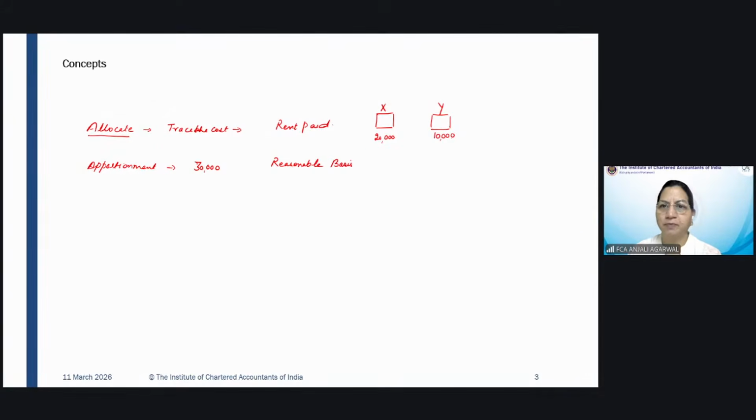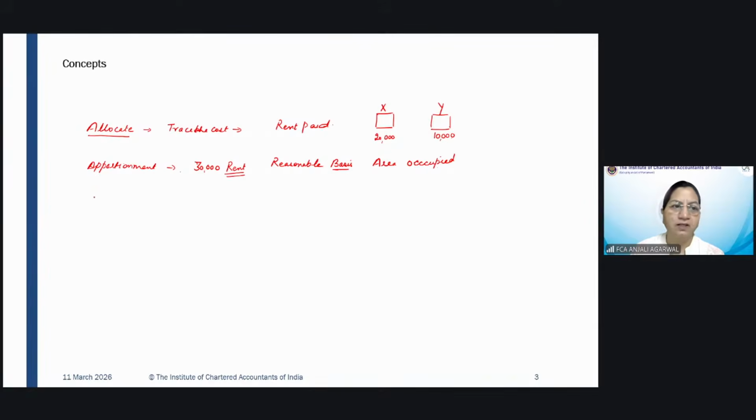So 30,000 would be apportioned between X and Y, let's say in the ratio of the area occupied by X and Y. So this is apportioning the overhead cost amongst the products on a reasonable basis. So whatever the cost is, whatever is the nature of overhead, we will understand that and we will see what makes the best basis for apportioning this expense to the various cost objects.